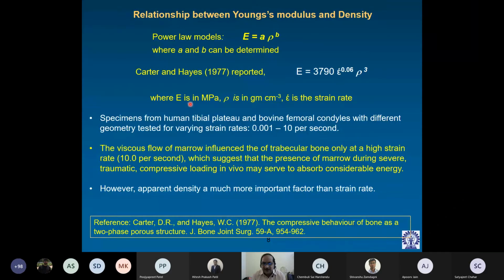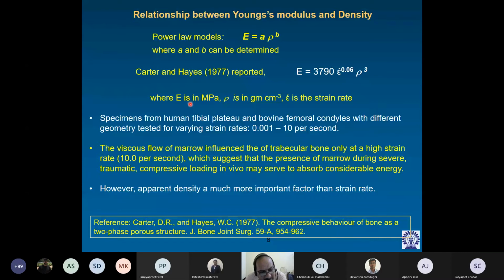Now, over the last few decades, there have been several attempts to quantify the behavior of cancellous bone. Within the few decades, there have been 2 major contributions, although there have been several papers. Okay, I have myself been trying to work with it because as mechanical engineers, you are very much interested in the Young's modulus value of a particular location of the cancellous bone.